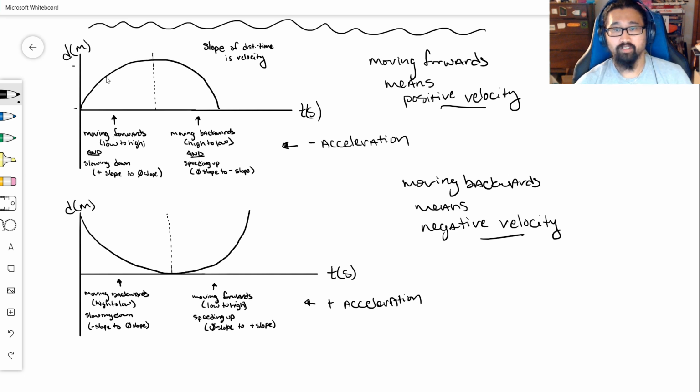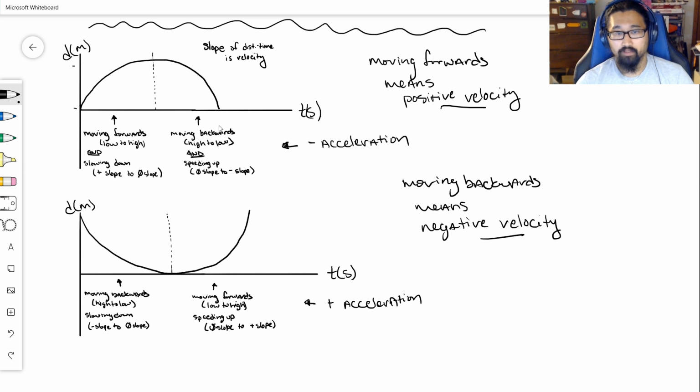The reason I bring this up, when we're moving forwards here, we had a positive velocity and a negative acceleration. We're moving forwards, but there's something that's trying to pull us backwards while we move forwards, which means that our speed is slowing down.